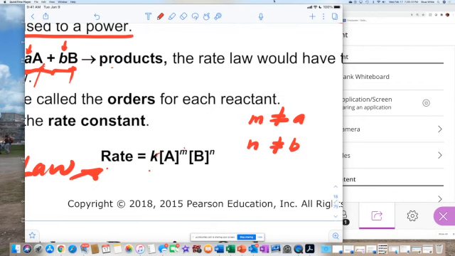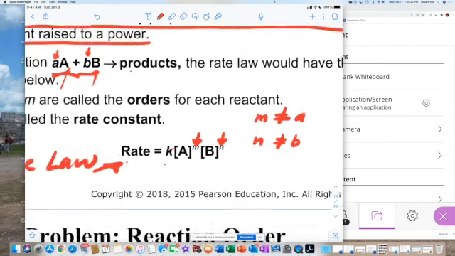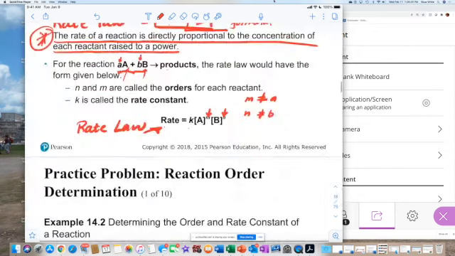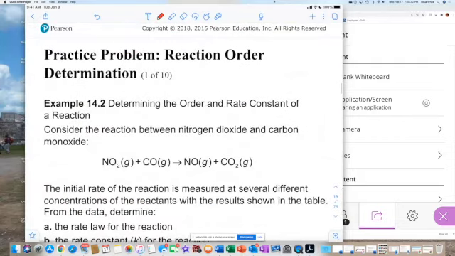So what are they trying to communicate? They're trying to say that these powers you're going to have in the rate law are not the coefficients from the balanced equation. Okay, so m did not come from the balanced equation. n did not come from the balanced equation. They came from somewhere else. Once again, guys, feel free to rewind.